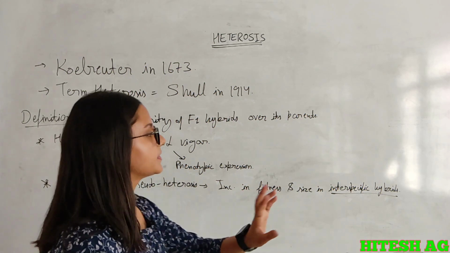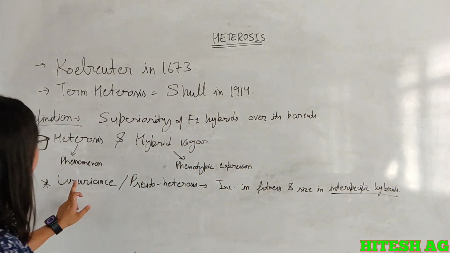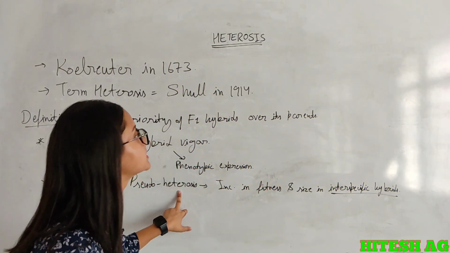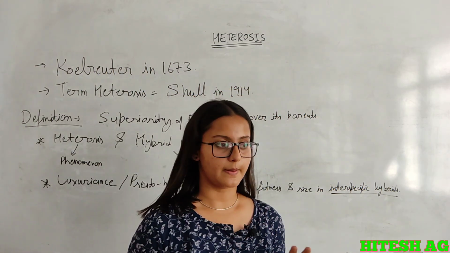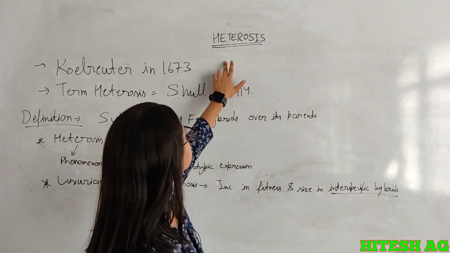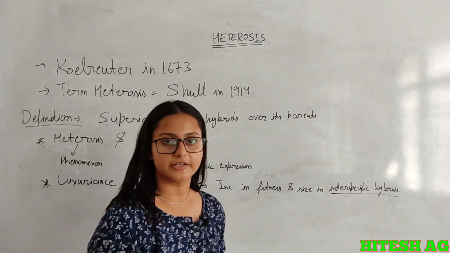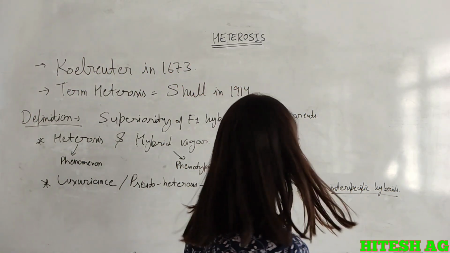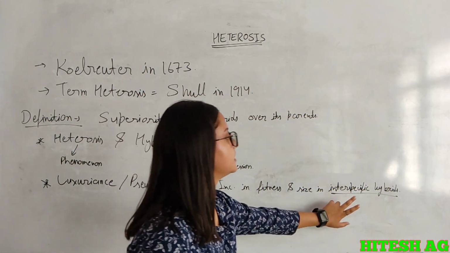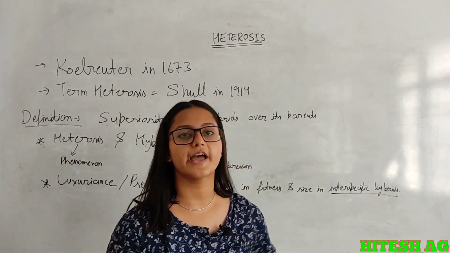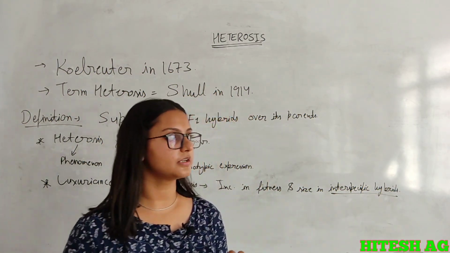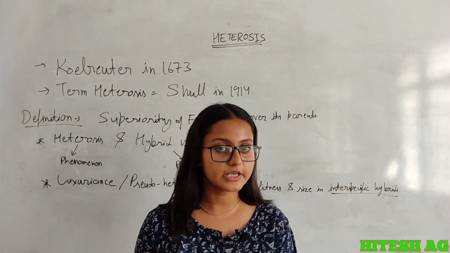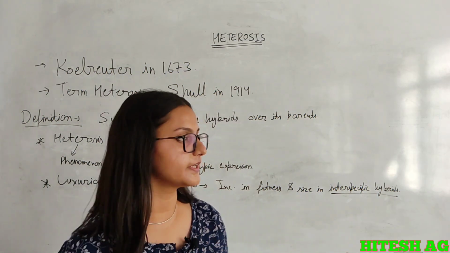So the principal difference between luxuriance or pseudo-heterosis and heterosis lies in the reproductive ability. As I told you before, in heterosis there is an increase in reproductive ability, but in case of luxuriance, the interspecific hybrid that we get from crossing two different species is very poor in fertility or might be sterile.